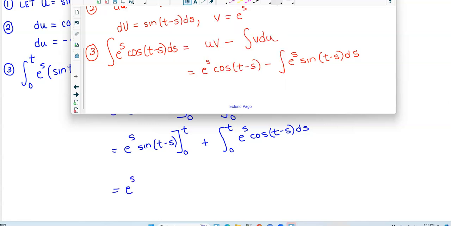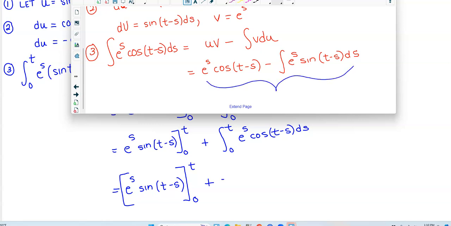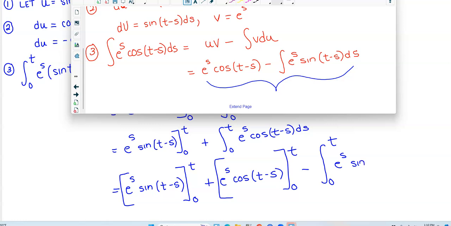So we have e to the s times the sine of t minus s going from 0 to t, plus we have, now looking at this, e to the s times the cosine of t minus s, and that's also going from 0 to t, and then minus the integral from 0 to t, e to the s times the sine of t minus s ds.